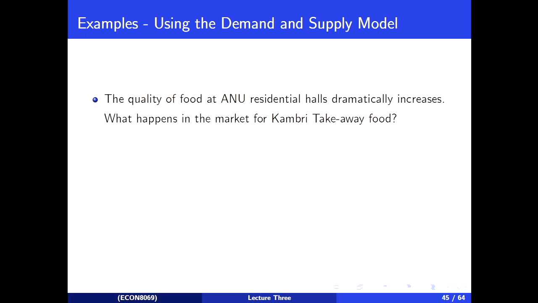There's this massive excess supply in the market because all these people that used to come into Cambry are instead just staying in their residential hall and eating that food there. And so, to encourage people back in, Cambry reduces prices, pushing the prices down to try to get people back into the market, to close off that excess supply.